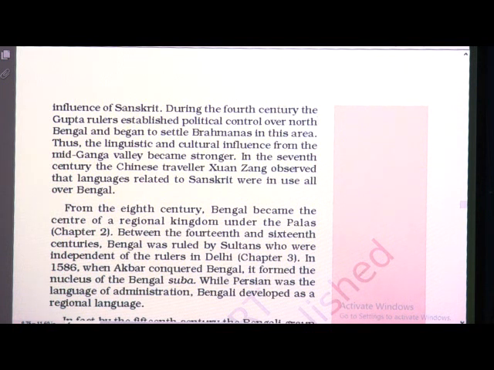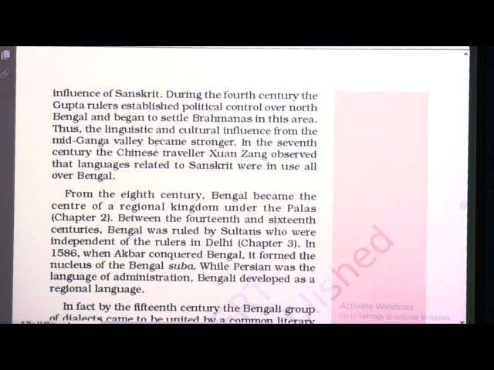During the 4th century, the Gupta rulers established political control over North Bengal and began to settle Brahmanas in this area. Thus, the linguistic and cultural influence from the mid-Ganga valley became stronger.